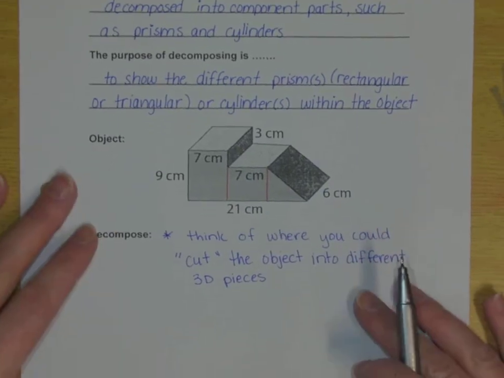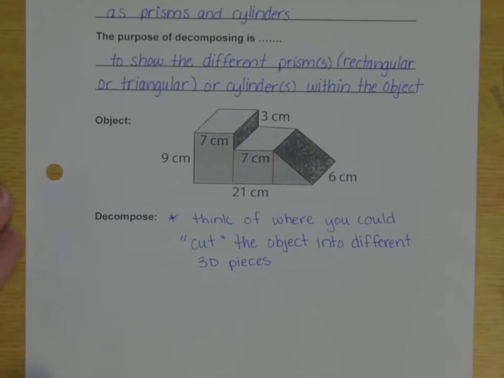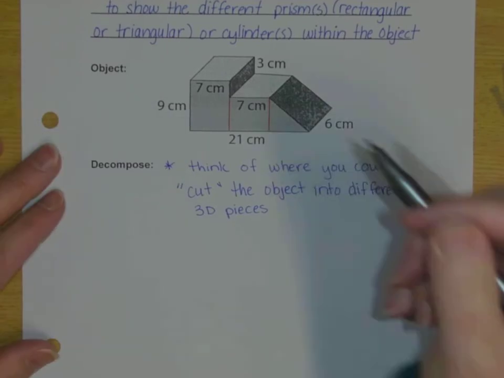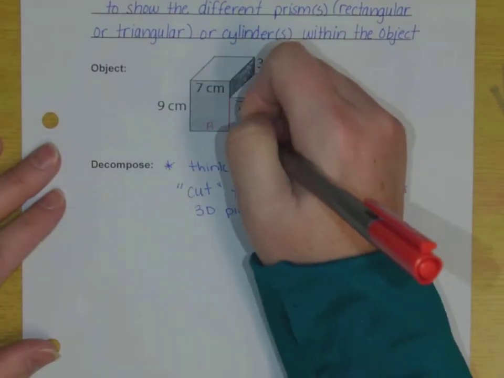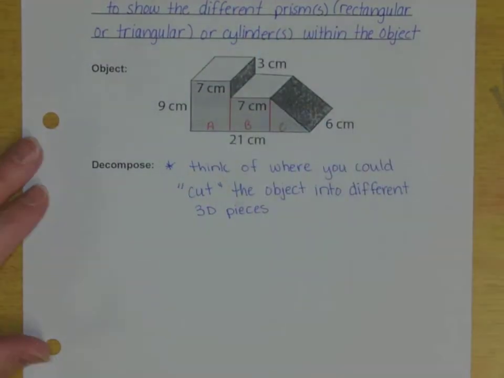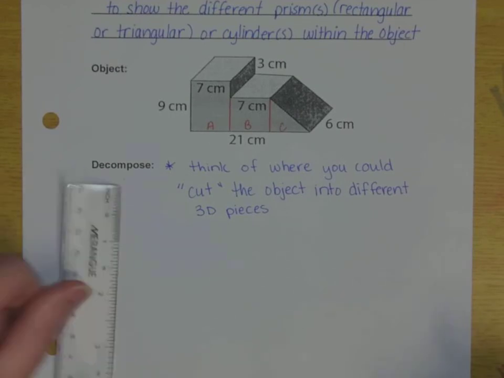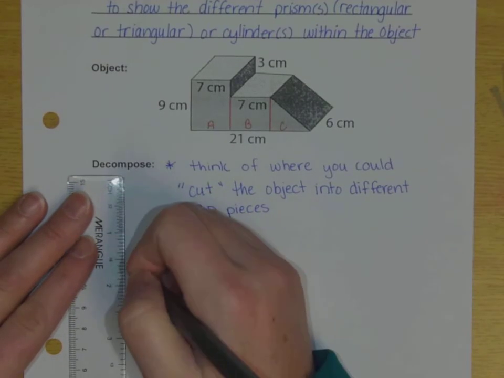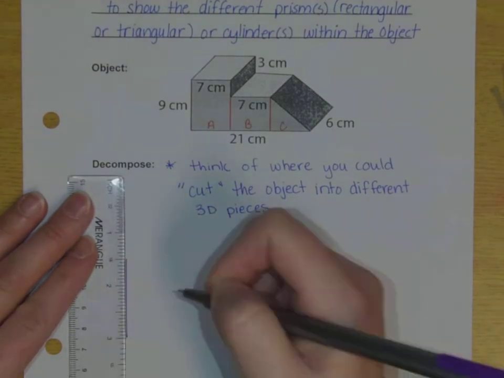So when you decompose, now we have cut, so now we redraw it with our pieces separated. So I'm going to label these just so you can easily see the different ones. And when you redraw them, then you have to label the sides, right? So let's start drawing. So we have kind of a tall rectangular prism.